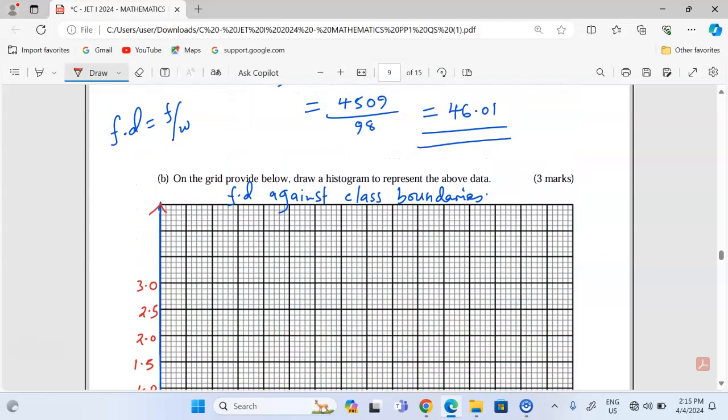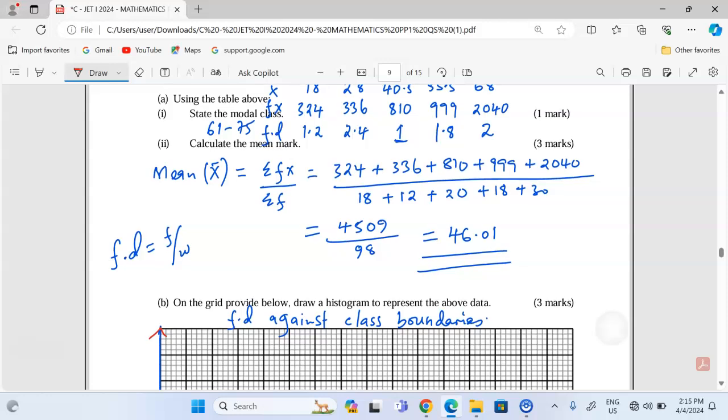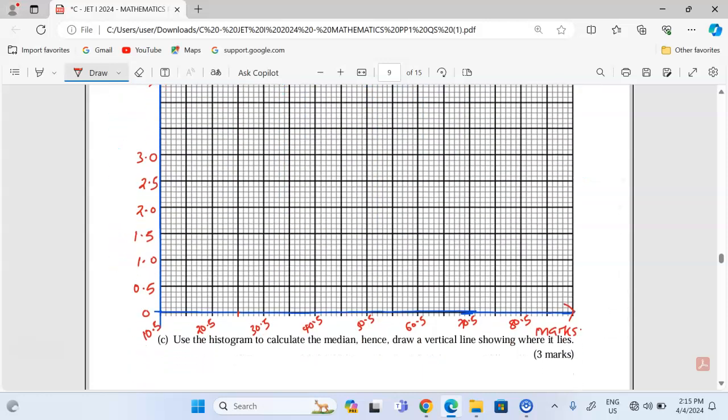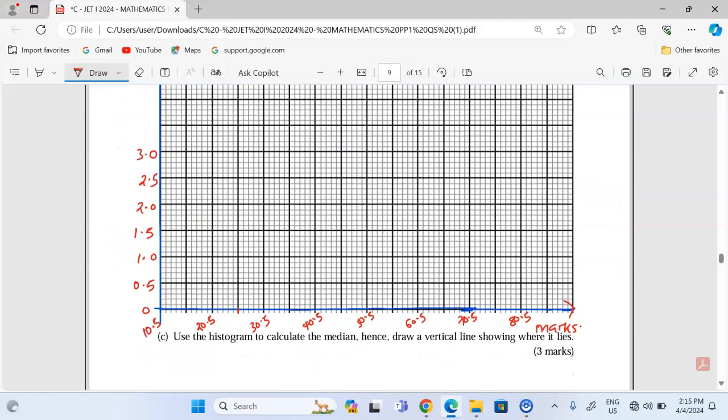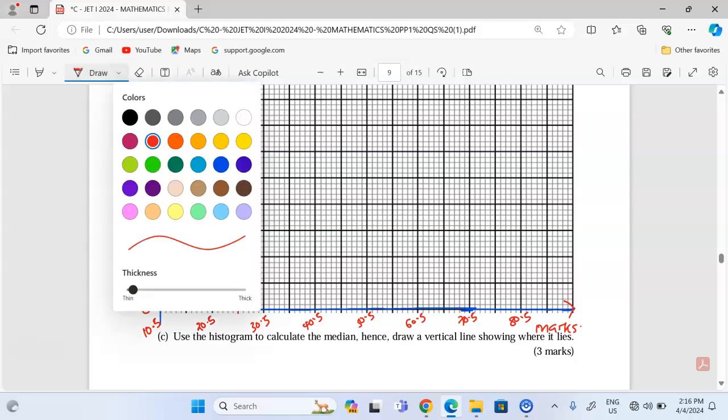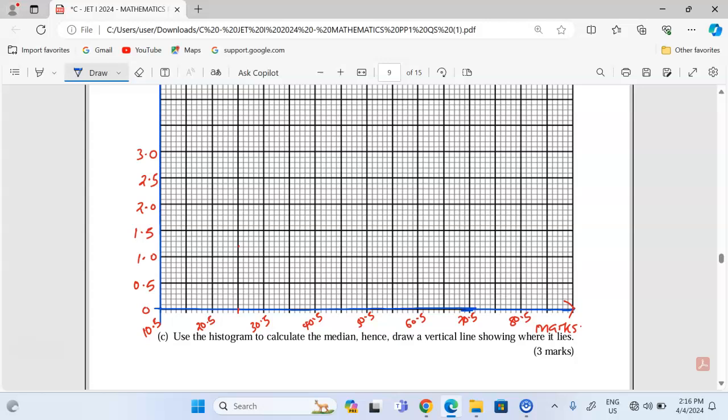And the height, which is the frequency density, is going to be 1.2. Let me change my ink so that I use a different color at least. That is the first class.